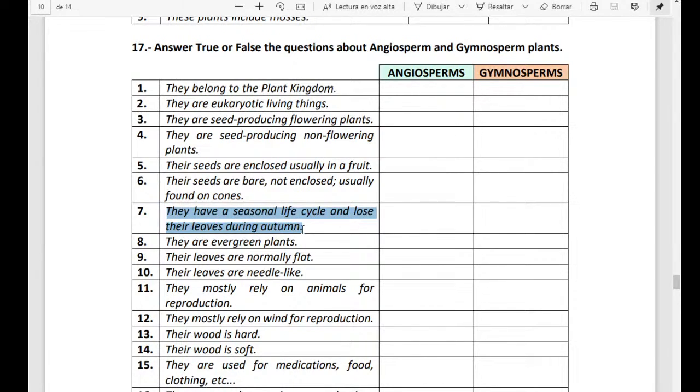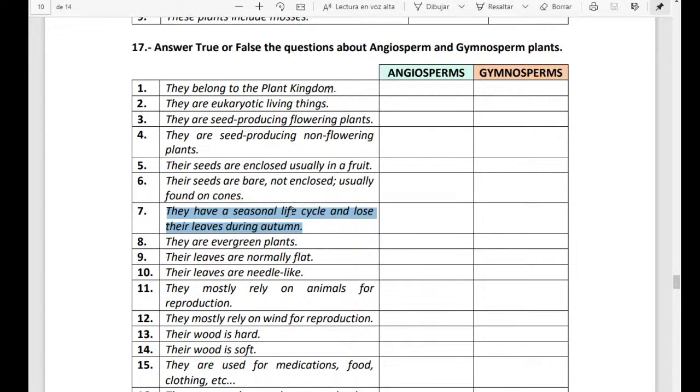Number seven. They have a seasonal life cycle and lose their leaves during autumn. This is not true for pine trees, so it is not true for gymnosperms, which is true for angiosperms. I repeat, they have a seasonal life cycle. Tienen un ciclo de vida según las estaciones.